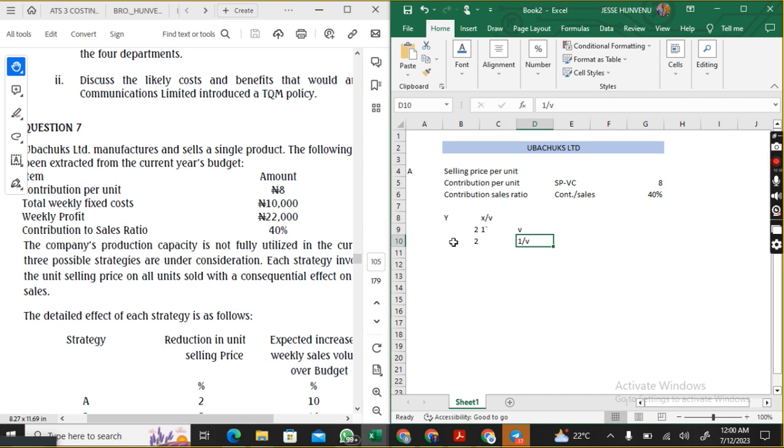And we are told to find our V. What do we do? We cross multiply, in the mathematical aspect. Let me use a pen here so you can understand.